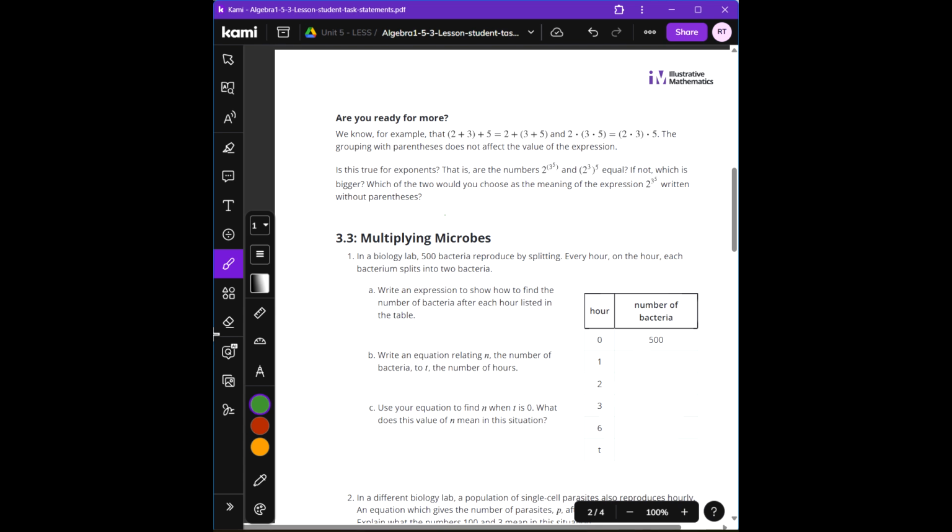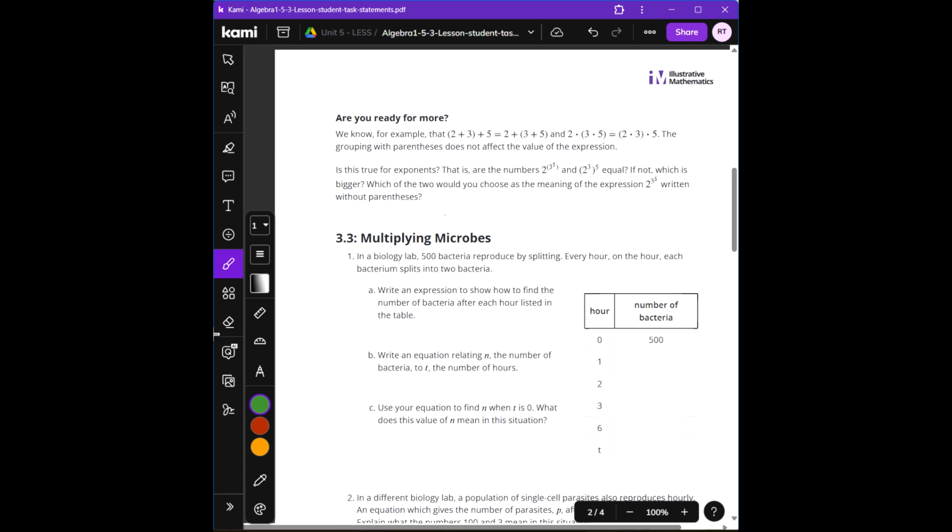So the grouping with parentheses does not affect the value of the expression. Now, is this true for exponents? That is, are the numbers 2 to the third to the fifth and 2 to the third times 5 equal?